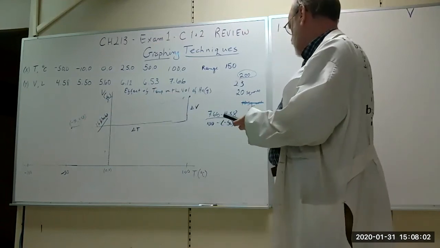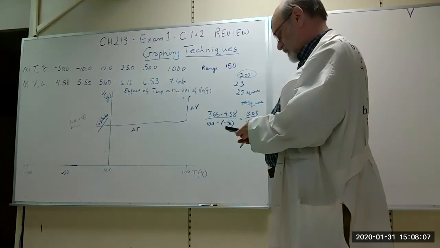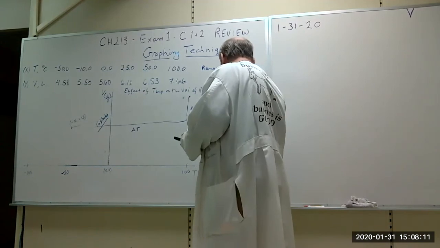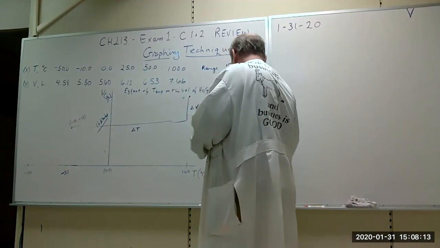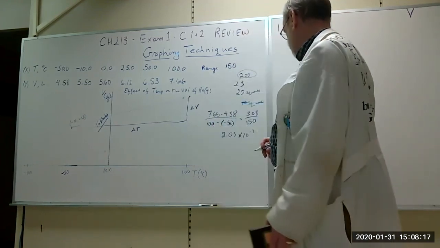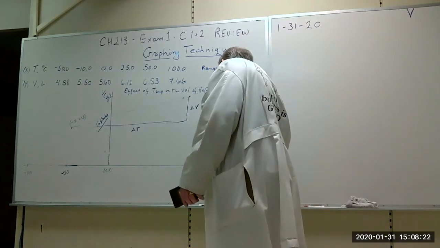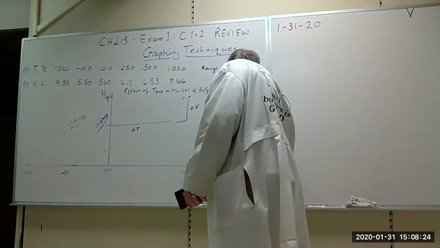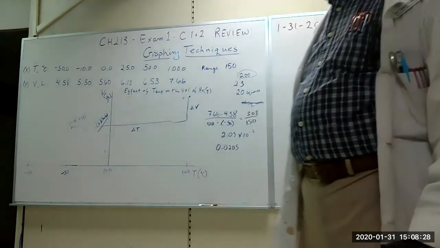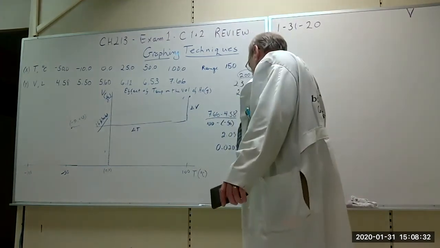But it's a very shallow slope because 3.08 divided by 150 is 2.05 times 10 to the minus 2, or it could be 0.0205. Either one. So that's the slope. That's equal to M.